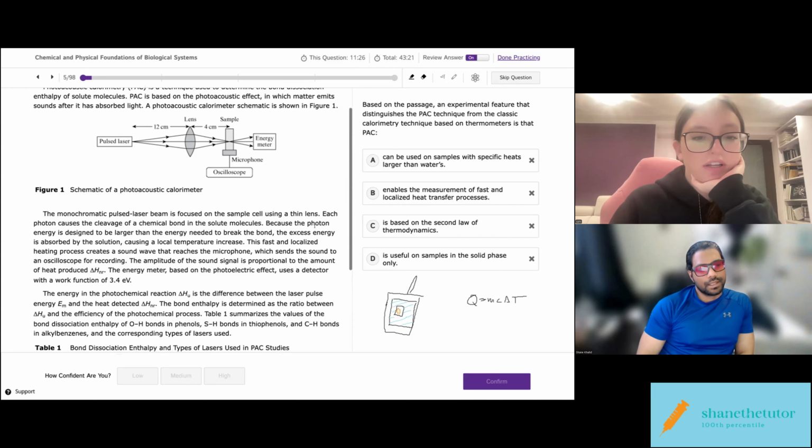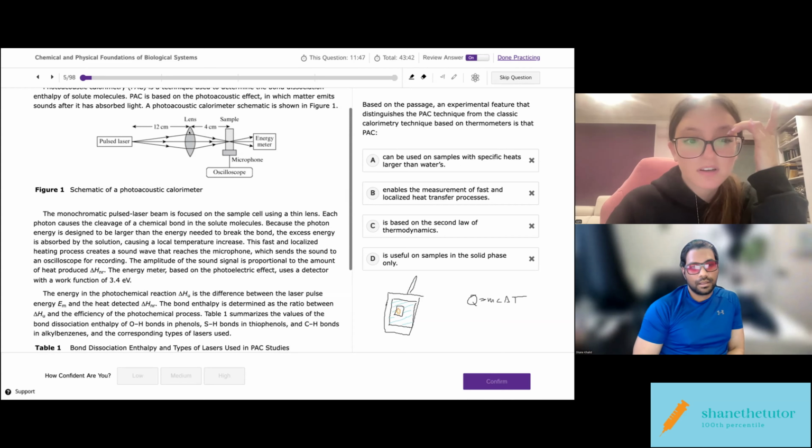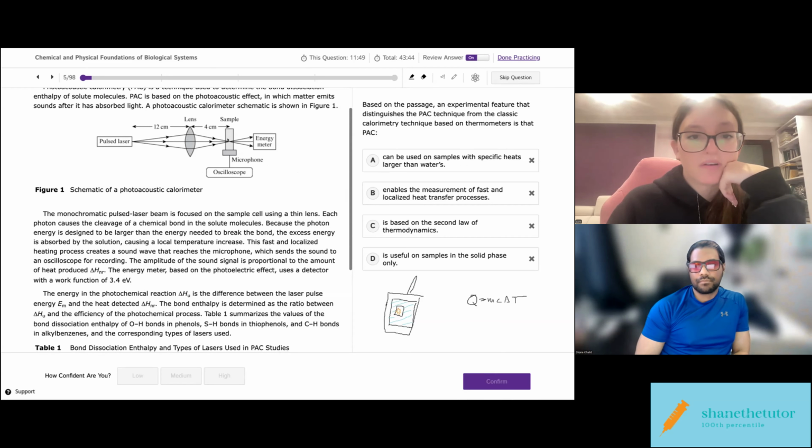They're saying that this temperature increase creates a sound wave. So the photon from the light goes through the lens, heats something up over here, and then that sends energy in the form of a wave towards the microphone, and then the oscilloscope records it.